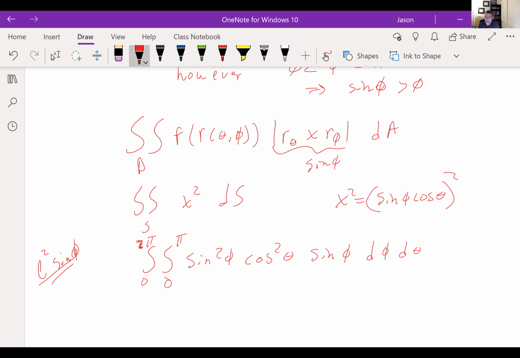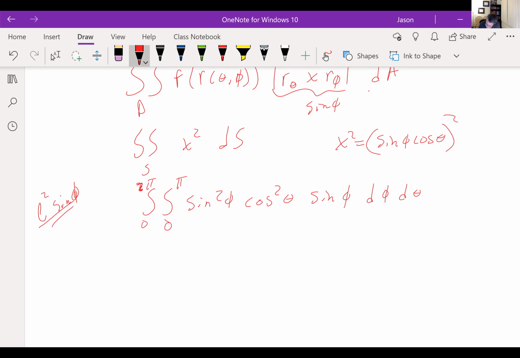If we had a generic rho, we would end up with a rho squared here. Our rho was 1 because it was the unit sphere and not just some generic sphere. But that was our integration factor, and it shows up right here. So we just kind of derived spherical coordinates there.